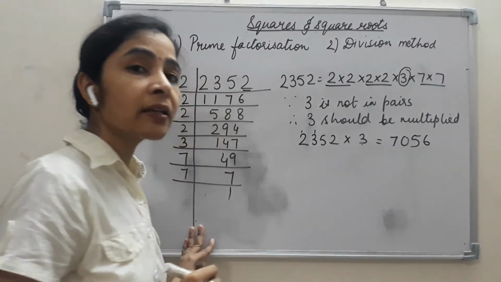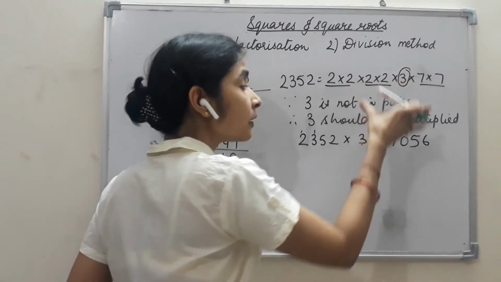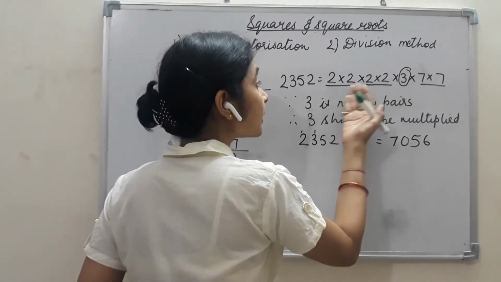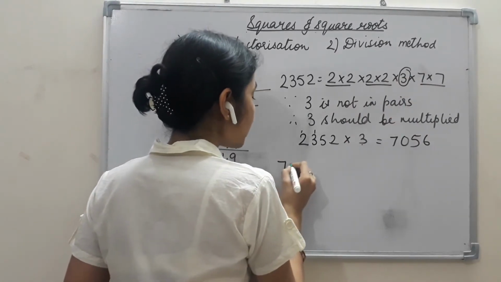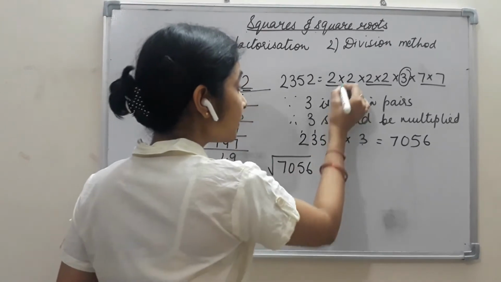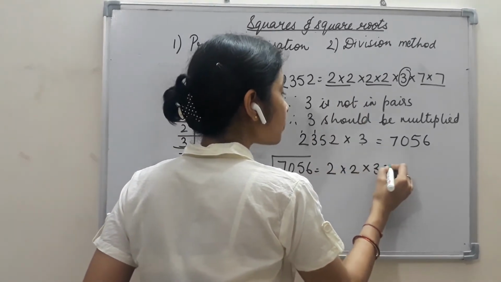The perfect square number is 7056. And now from this working we can find its square root. What will be the square root? In these pairs we will get one more, and that will be of 3. So the square root of 7056 will be equal to 2 into 2 into 3 into 7.